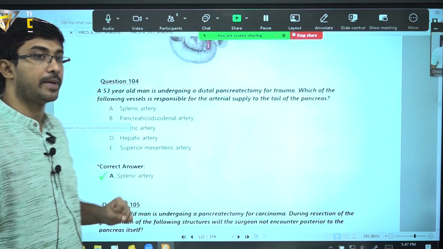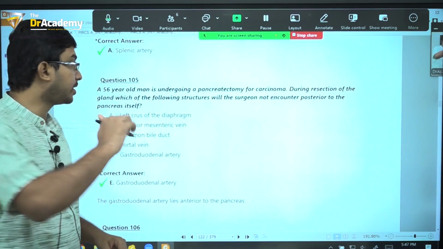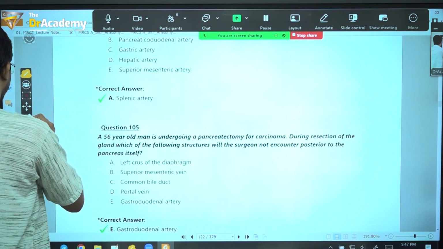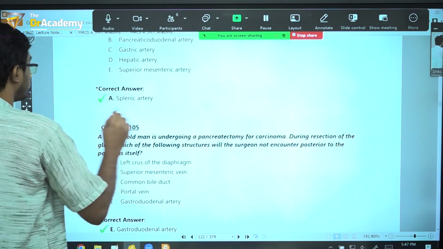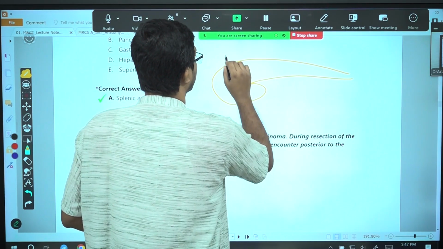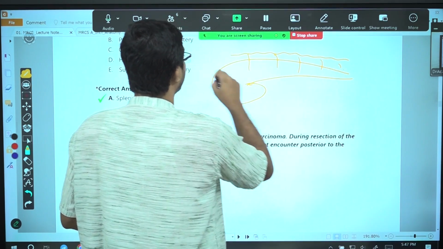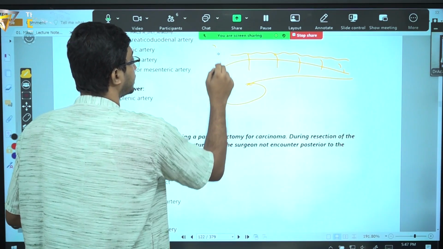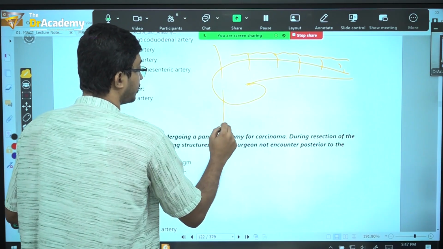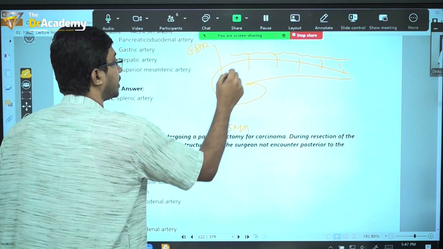It is basically the splenic artery that passes over the body of the pancreas. Look, suppose this is the pancreas, this is the splenic artery giving branches to the pancreatic body and tail, and this is the inferior pancreaticoduodenal from the superior mesenteric artery, and this the superior from the gastroduodenal artery.